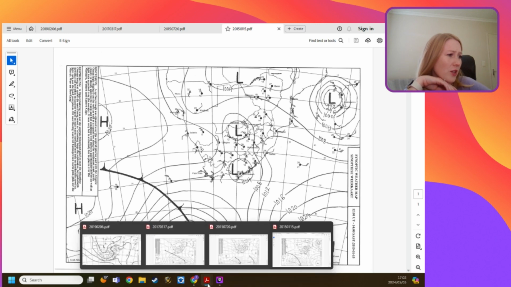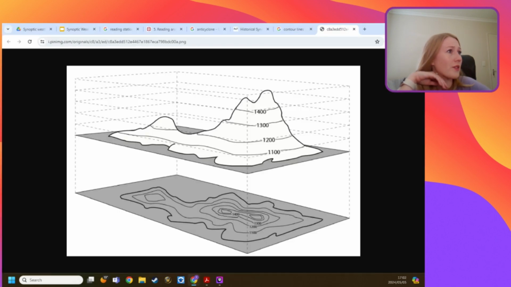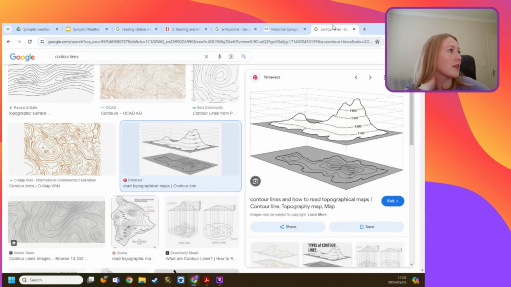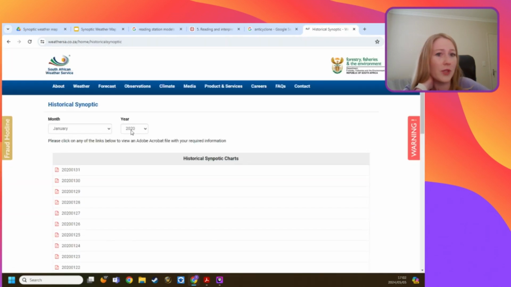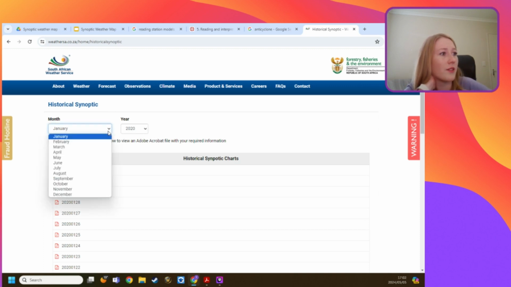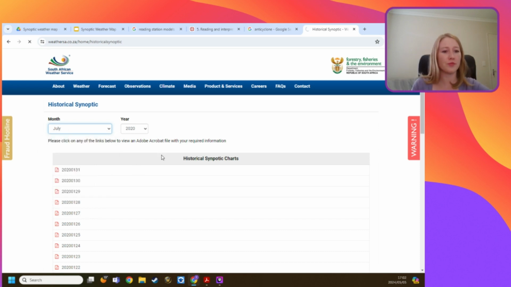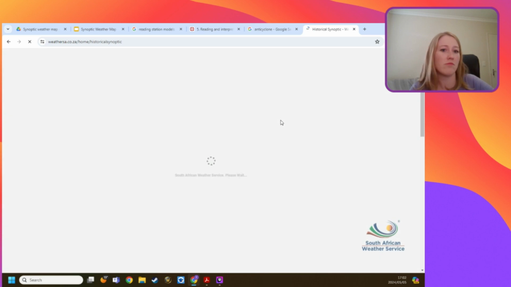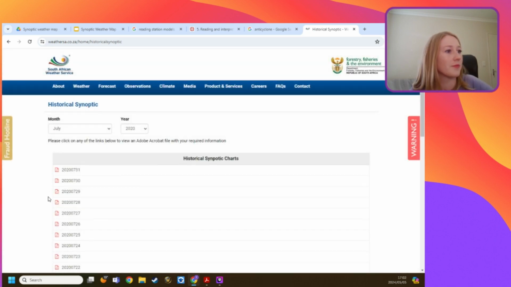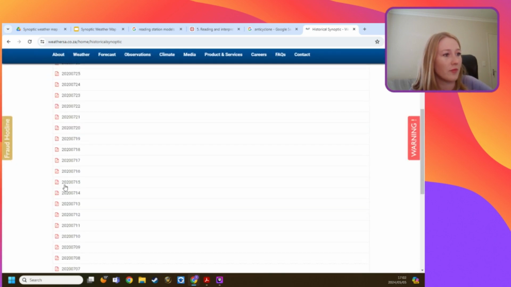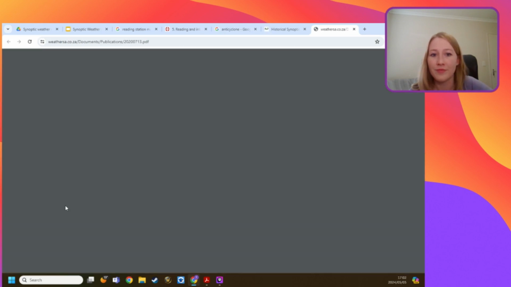Let's see if we can find an example with a mid-latitude cyclone. June, July. I think July is most likely. Middle of winter. Okay, let's pick a random one.